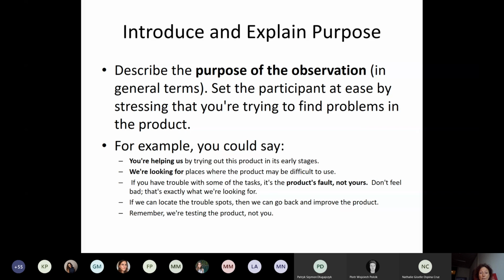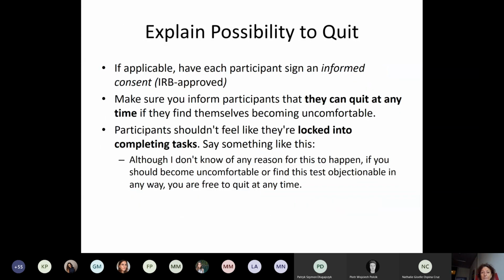It's important to introduce the purpose. For example, you're helping us by trying out this product. We are looking for places where the product might be difficult to use. Remember, it's a product fault, not yours. These are examples of sentences that you can tell the users.